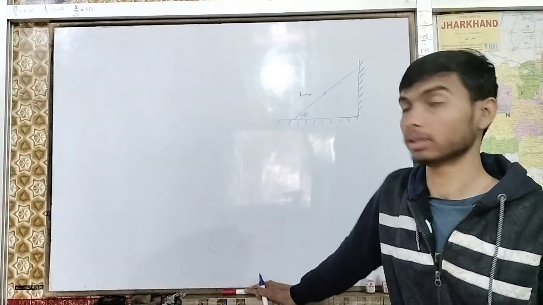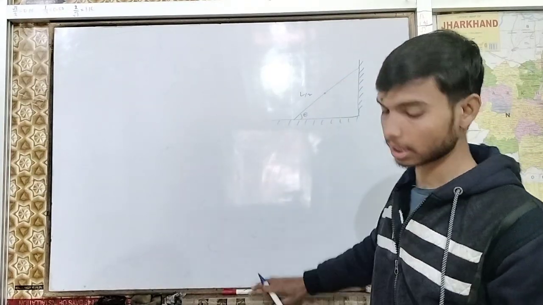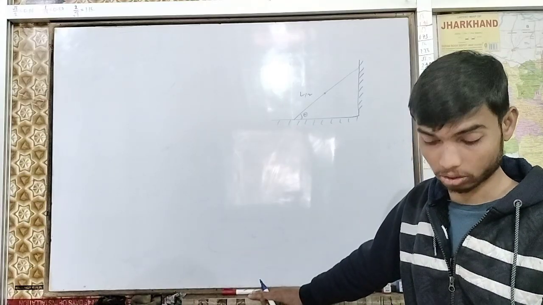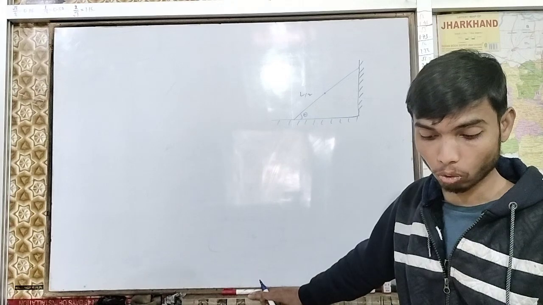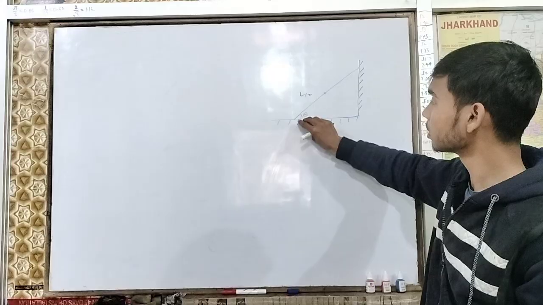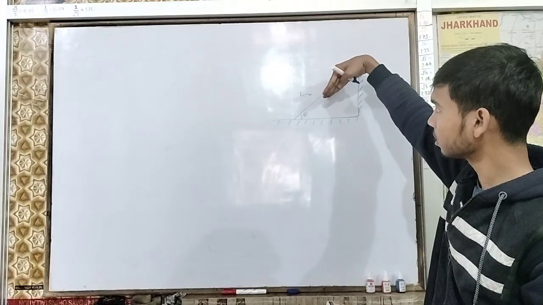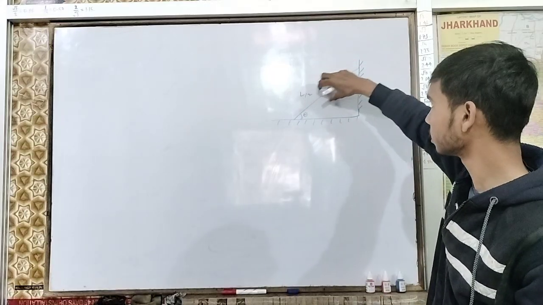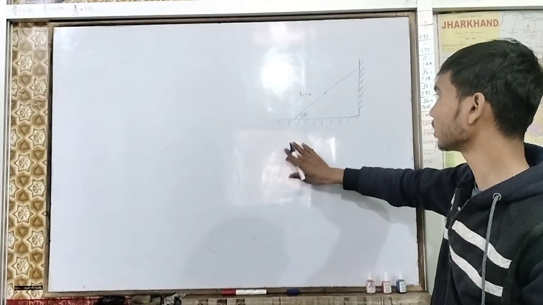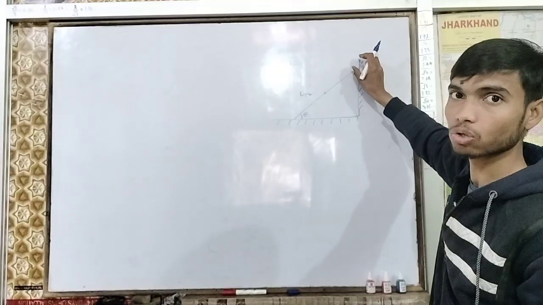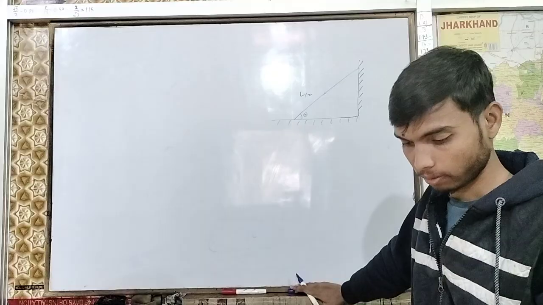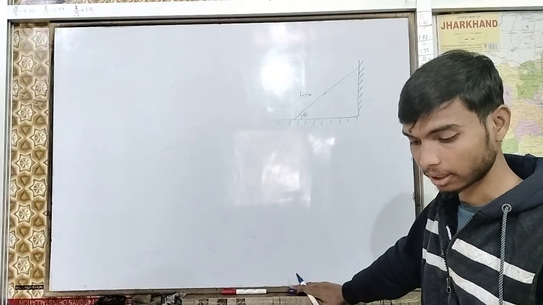A ladder of mass m and length L resting on a level floor is held against a wall at an angle theta with the floor. One point is on the horizontal floor and one point is on the vertical wall.